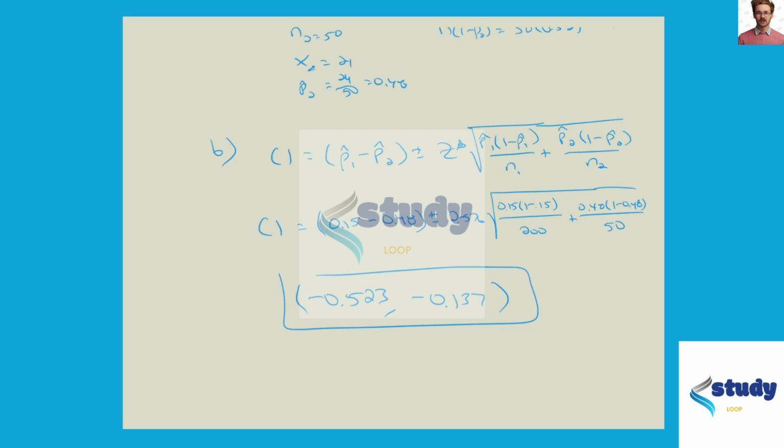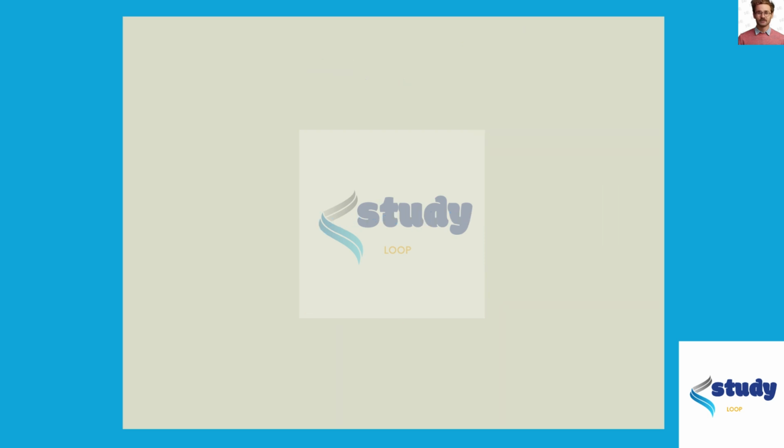So the 99% confidence interval for the difference between the two population proportions is approximately negative 0.523 to negative 0.137.